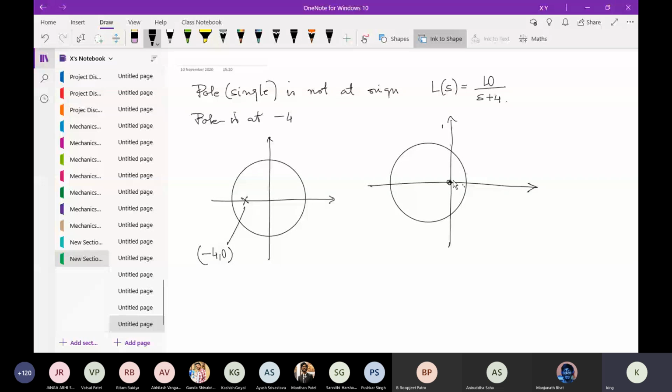You can check this out yourself by drawing it. Right now you have to trust me. So this is how it's going to look like.